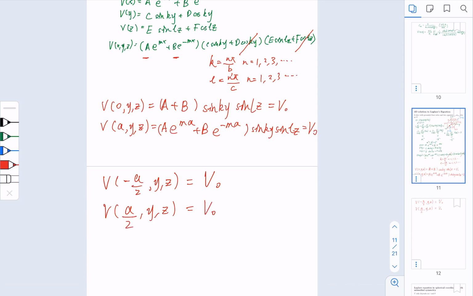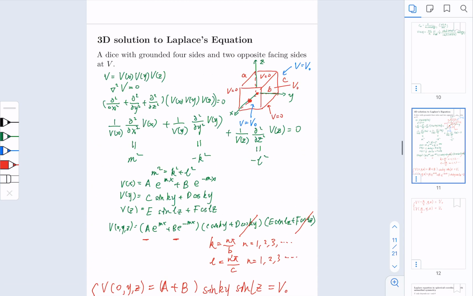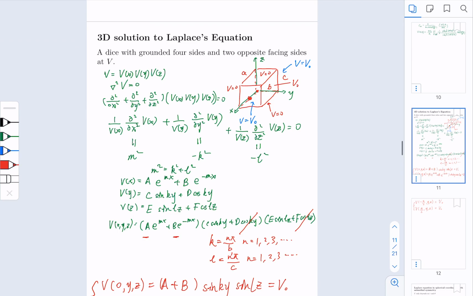So this operation is simply shifting our definition of the coordinate system from the origin to a over 2, 0, 0, and that simply redefines our axis.